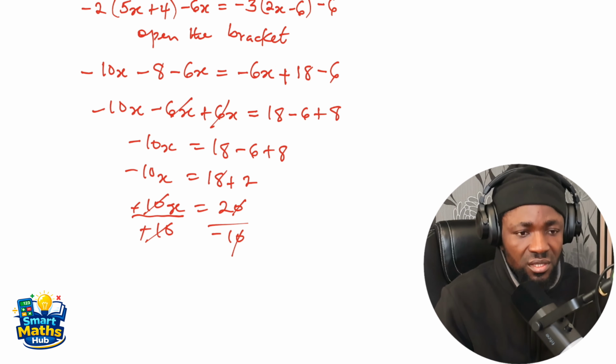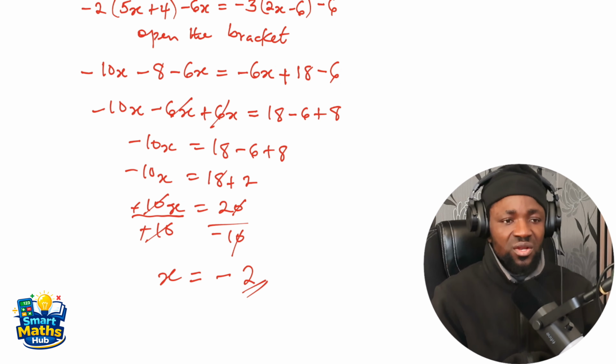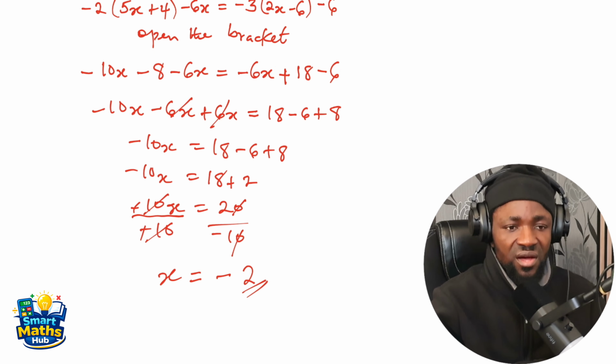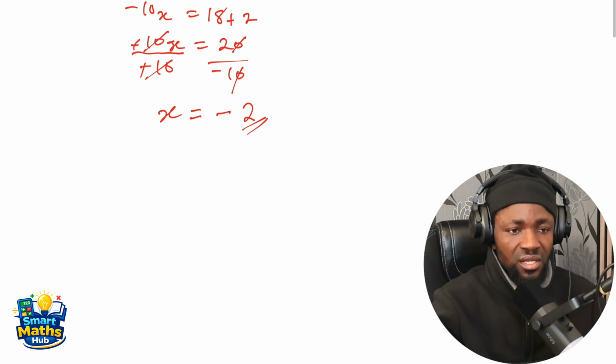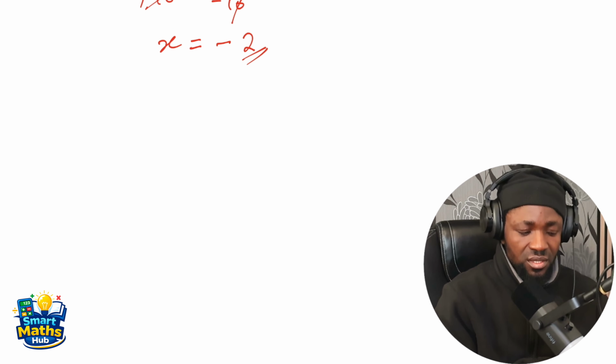Here cancel this, here cancel this. What we have left is x equals to minus 2. So that's what we have left. That's our answer. So let's check.